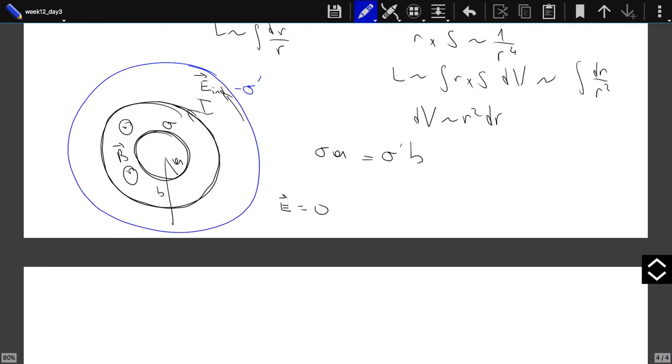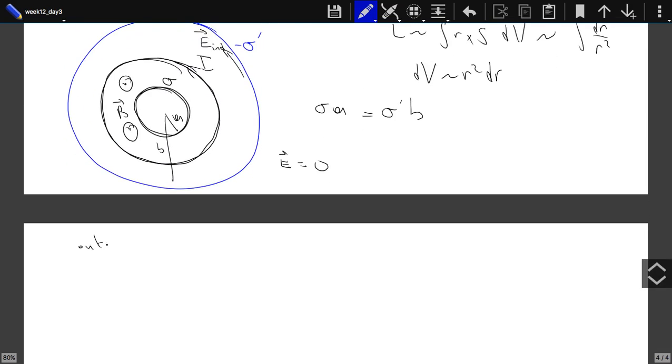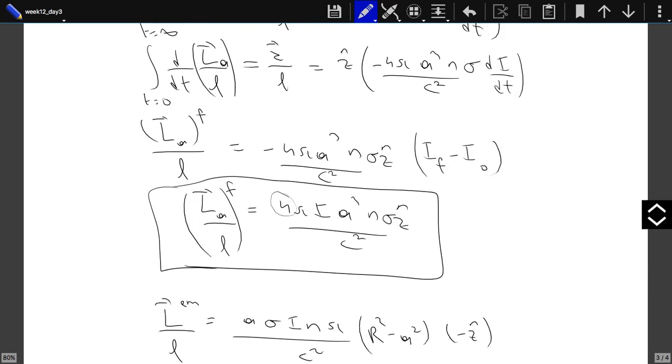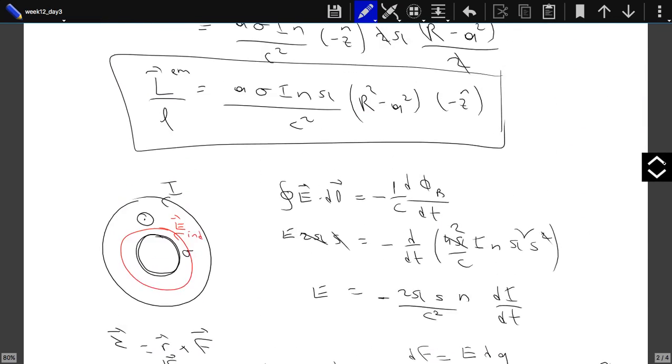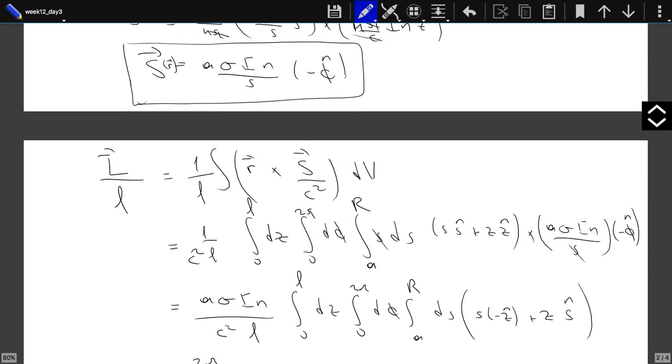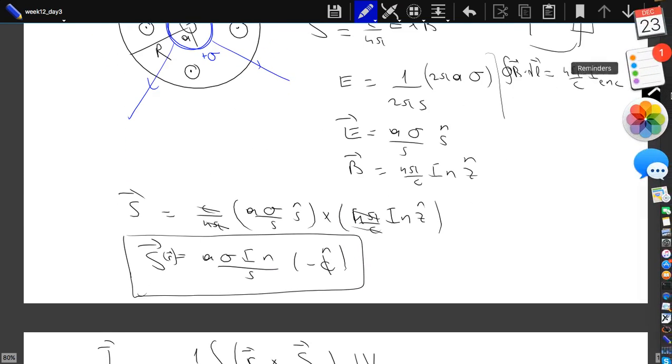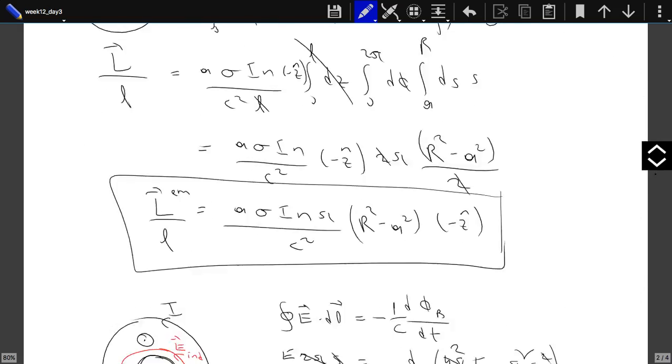So let's see, what is this induced electric field outside? E induced times 2 pi s, this is E dot dl. This should be equal to minus 1 over c d by dt of B times pi r squared. Well, B is 4 pi over c I times n.